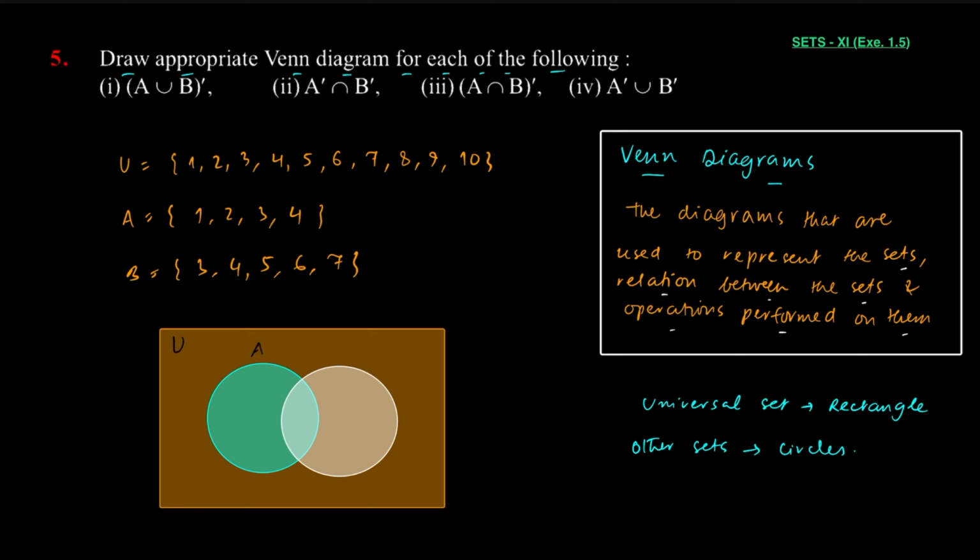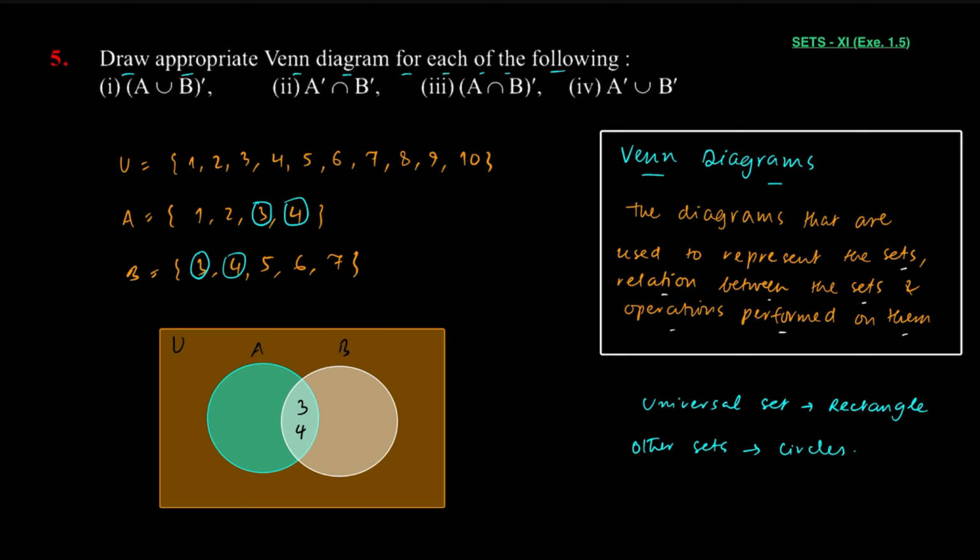This is set A and this is set B. Here one can observe that set A and set B have common elements as 3 and 4. So these two elements will be the elements of intersection. Here this very region represents the intersection of these two sets. So this region will be having elements as 3 and 4.